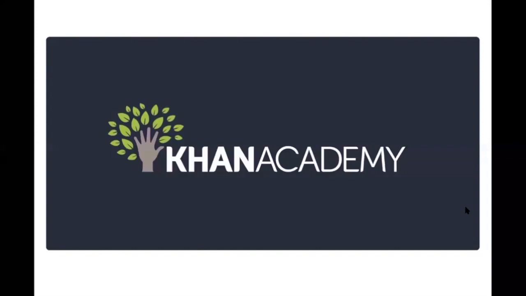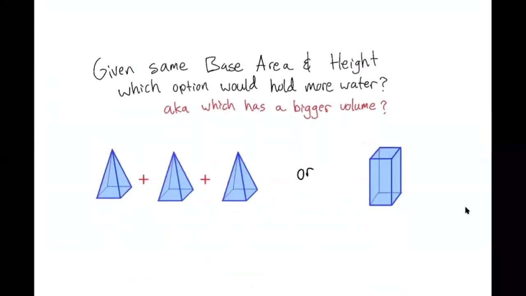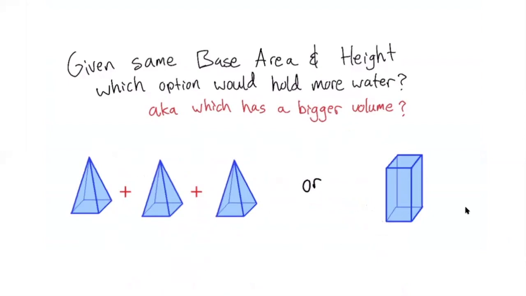All right, so here's an intro question. Take a look at this. Please read this to yourself. We'll be talking about volumes of pyramids and cones. 12.4 was volumes of your cylinder and prism.